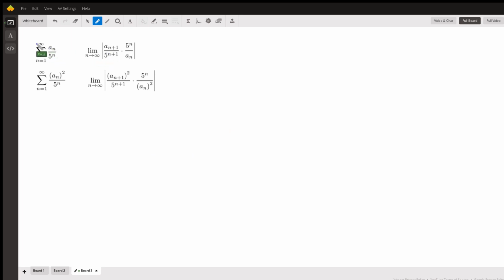Here's the setup for the ratio test. What does this simplify to? I'm going to not write the limit. We'll do that later. But again, if I write this as a sub n plus 1 over a sub n times 5 to the n over 5 to the n plus 1, this becomes a sub n plus 1 over a sub n times, well, if we subtract exponents, we get 1 over 5.